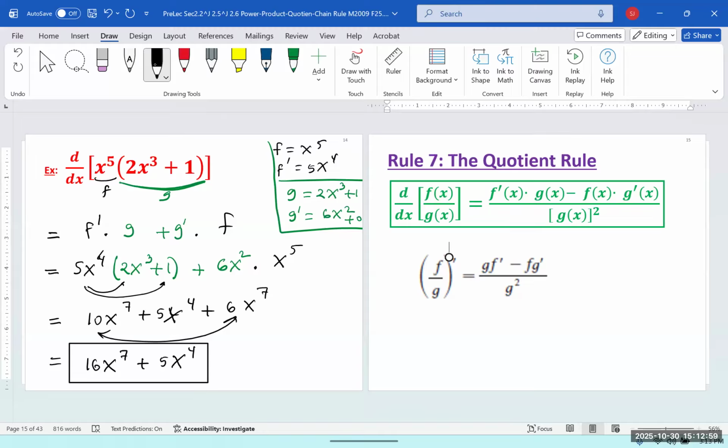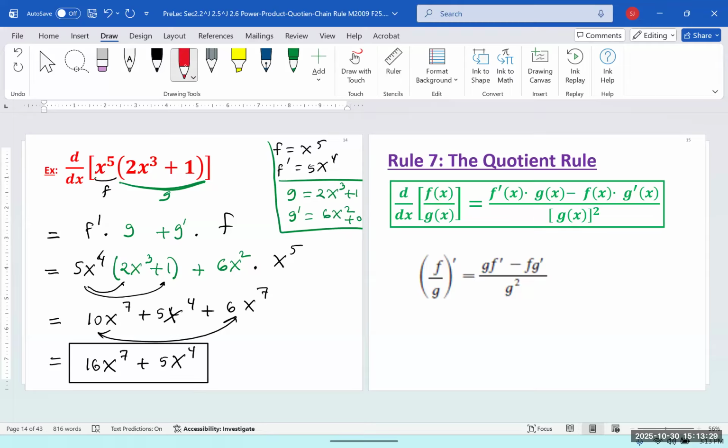So this is the shorter version: F prime G minus G prime F divided by G squared. What does that say? F over G whole thing prime is F prime G minus G prime F divided by the denominator function squared, G squared.